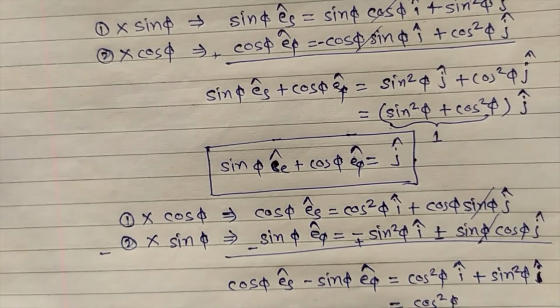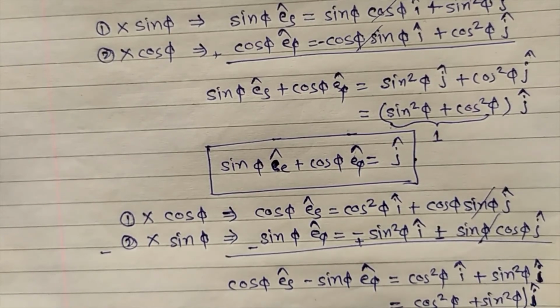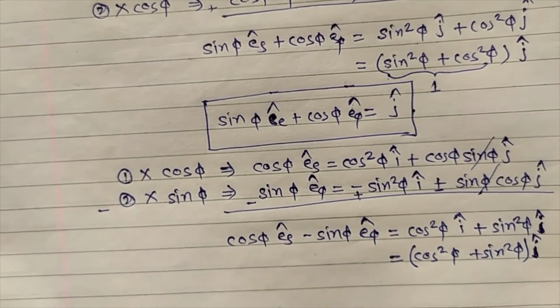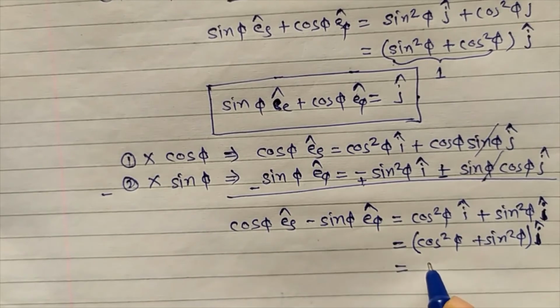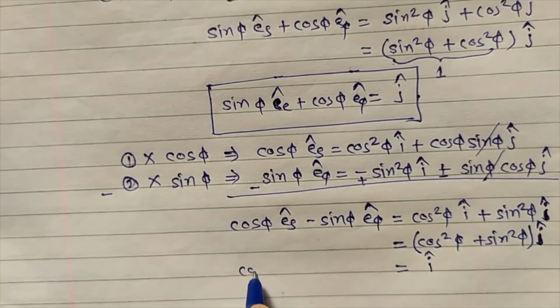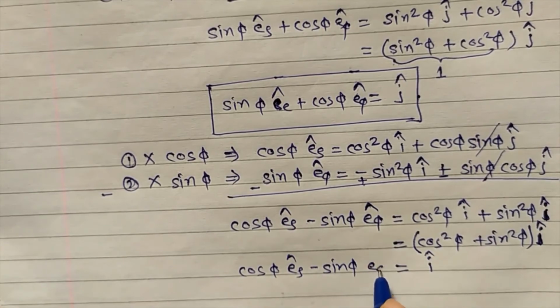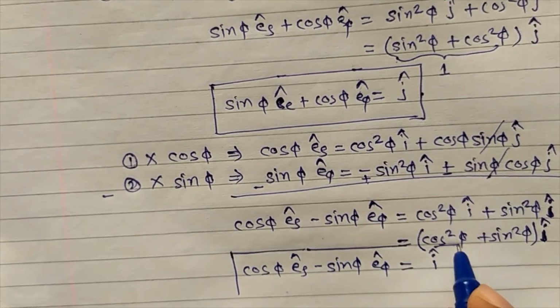So cos square phi plus sine square phi, again this is I cap, right? So I took this common, and you know this is 1, so it will be I cap only. So I got the expression for I cap, which is cos of phi e rho cap minus sine of phi e phi cap is equal to I cap.